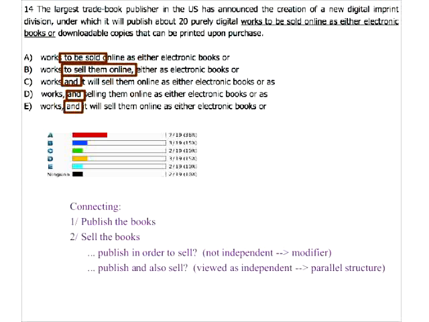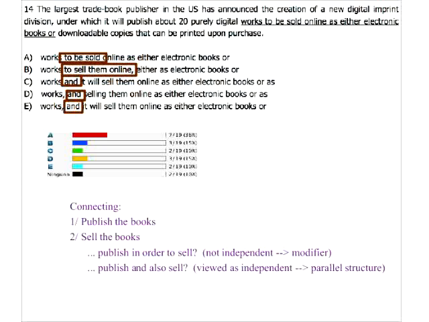Because if I say that a company publishes books and also sells them, then that is totally legit. But if I say a company publishes books in order to sell them, then that's also legit. It just depends on what the company means. So copies that can be printed upon purchase, not really, because that's what the consumer does. So that's not really relevant.